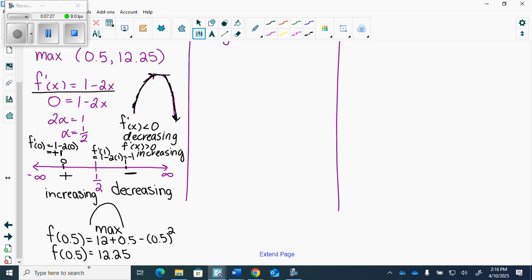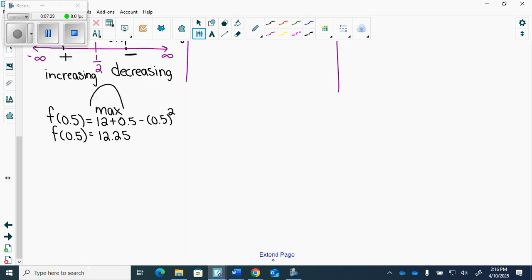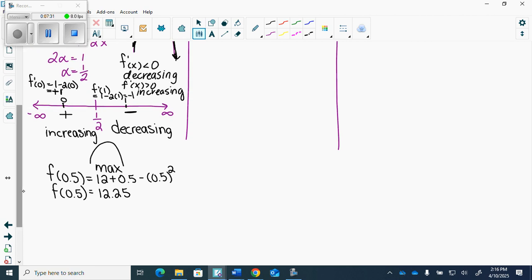So did I need my calculator to find the maximum? No. The other thing they'll ask for is intervals of increase, decrease. So the intervals of increase we already have. Where is it increasing? Between what and what? Negative infinity and 1/2.